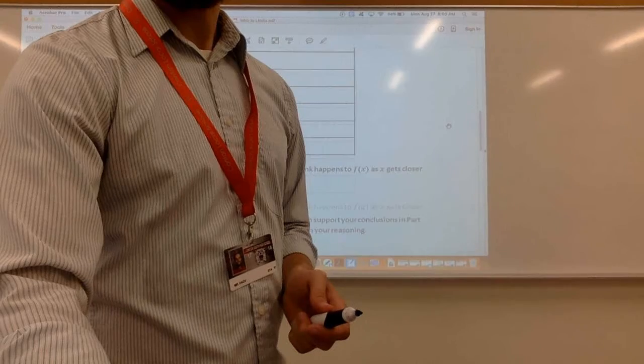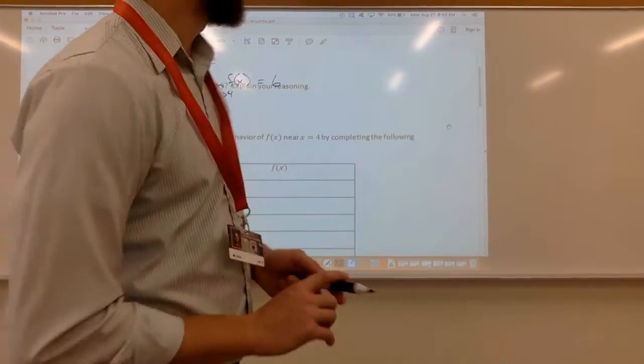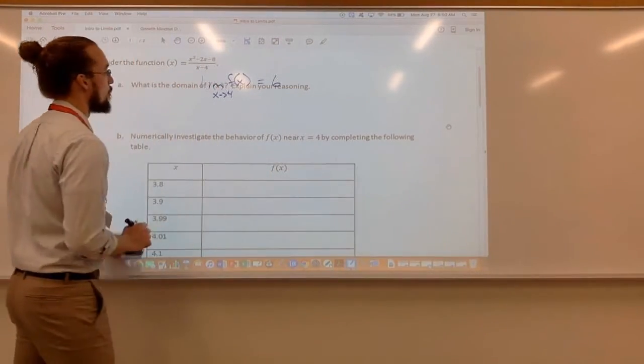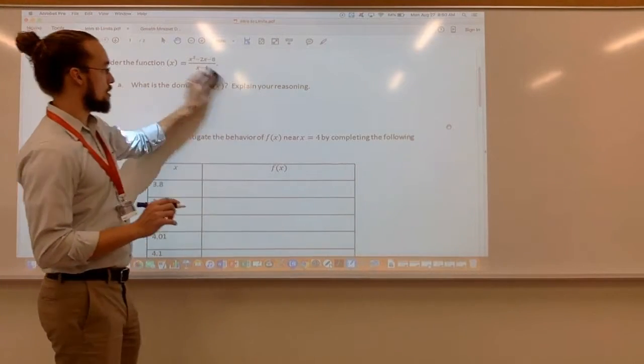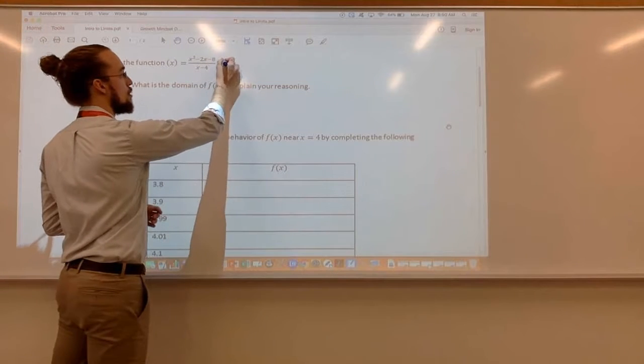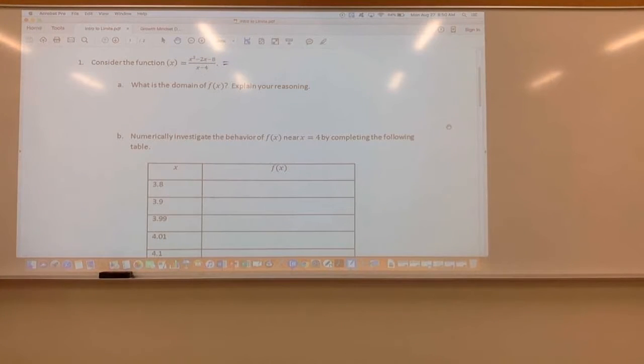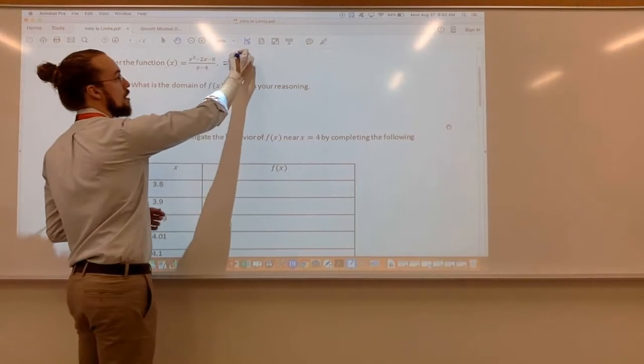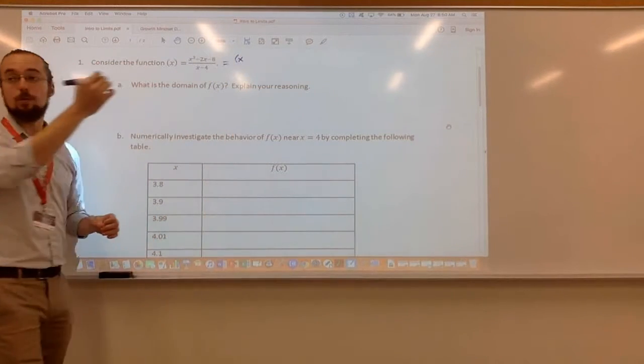So if we go back up to that function, x squared minus 2x minus 8, we can simplify that some. The numerator, what would that factor into?